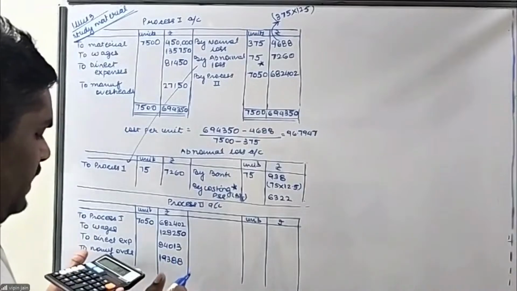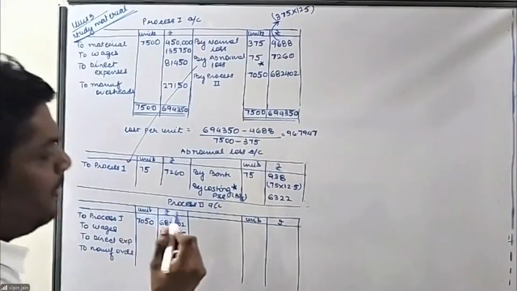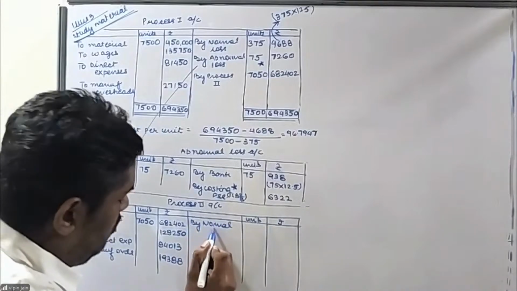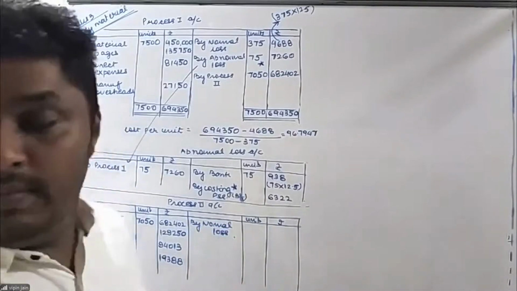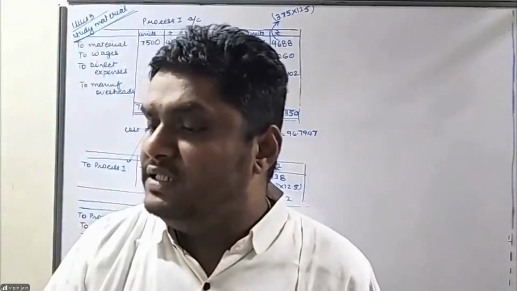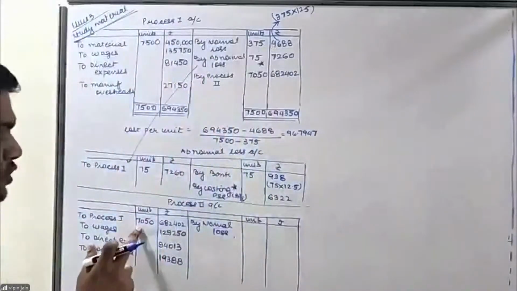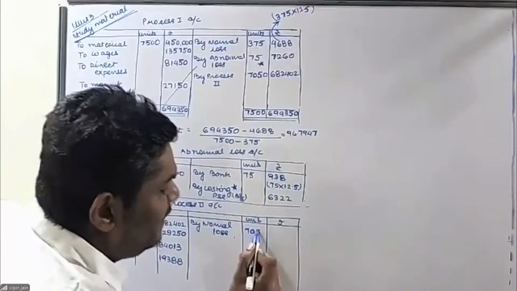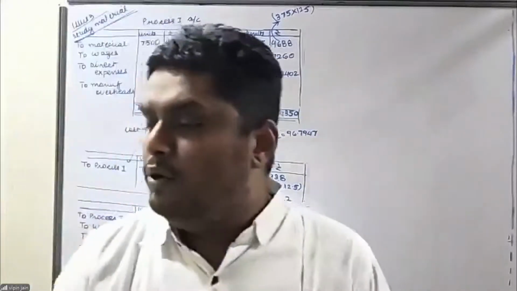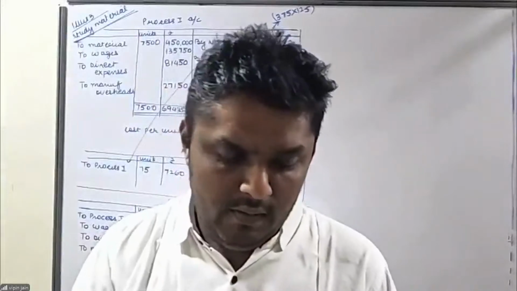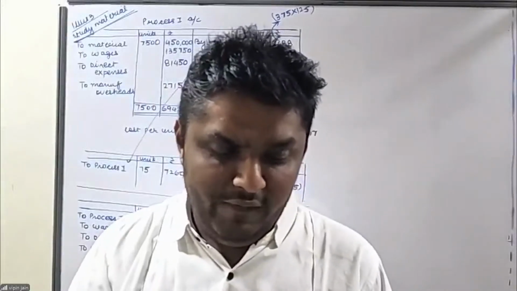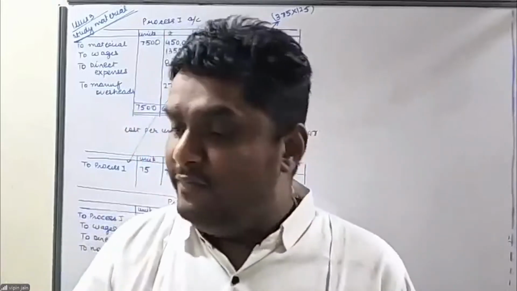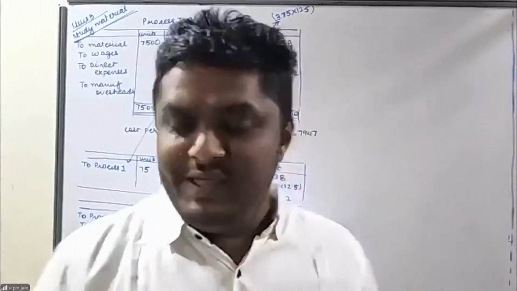So 19388 are my manufacturing overhead. By normal loss, when talking about normal loss, it is 10% of inputs. So my inputs are 7050. So this will be 705. And when talking about the amount realized on sale of scrap, it is 37.5. So this will be 26438.